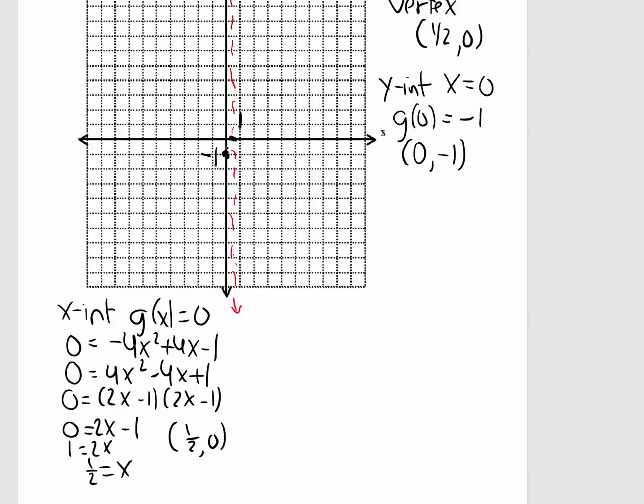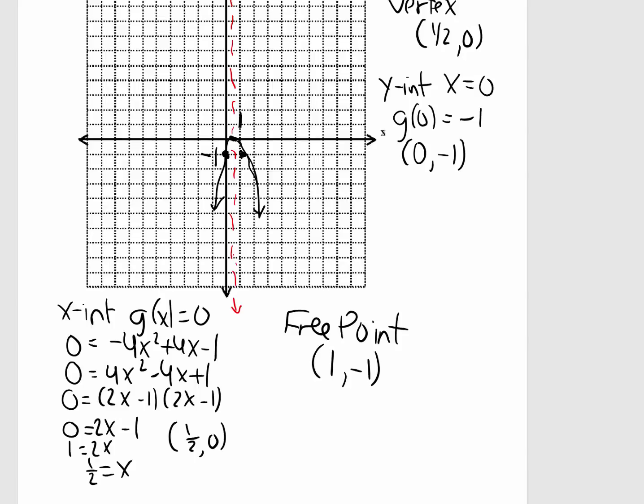So if I go 1/2 to the right, I get this particular point here. Again, this is my free point. In this case, the ordered pair for the free point is 1, negative 1.